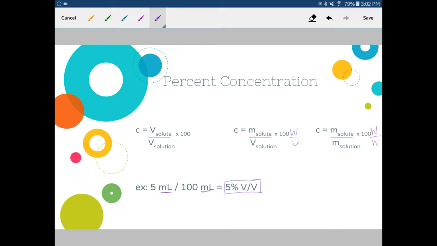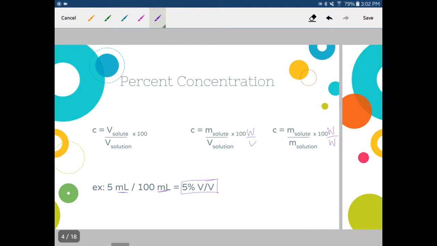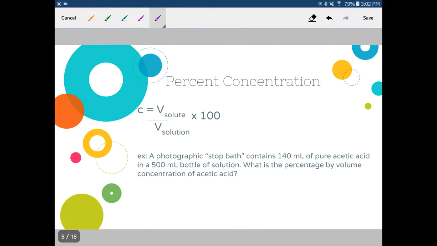Let's take a look at some other examples on how to calculate this. This is percent concentration using volume to volume. A photographic stop bath contains 140 milliliters of pure acetic acid in 500 milliliters of solution. What is the percentage by volume of the concentration of the acetic acid?